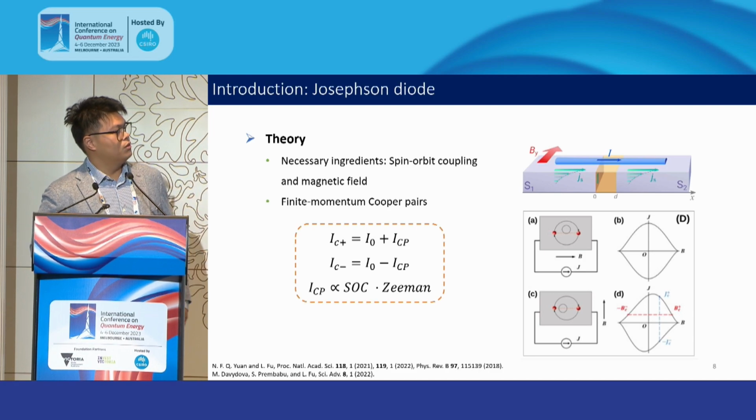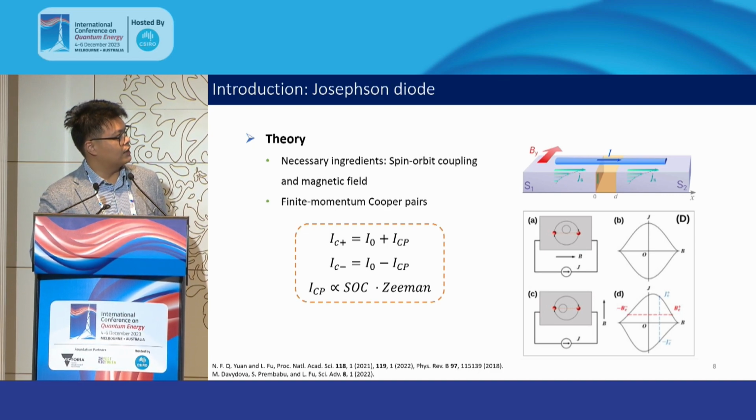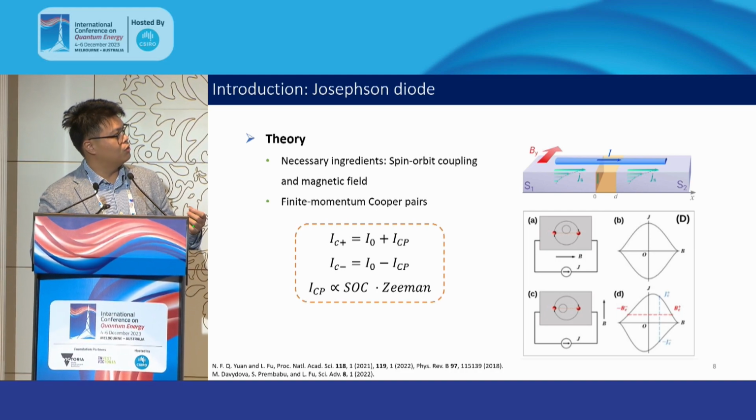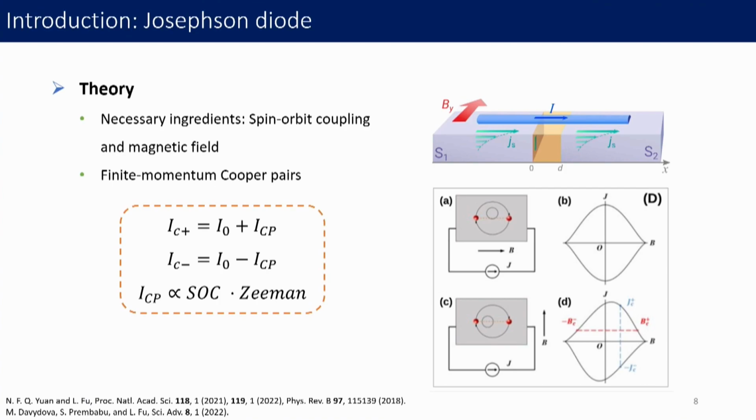A simple physical picture is that there is a Meissner effect created by this magnetic field, and this Meissner effect will create a supercurrent flowing in this direction, in addition to the reciprocal Josephson current. So the system becomes non-reciprocal.